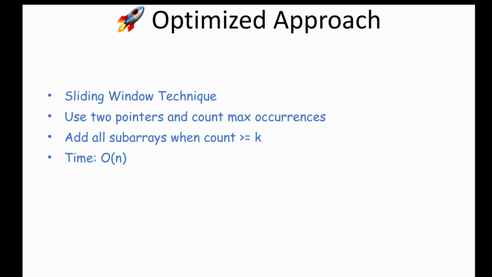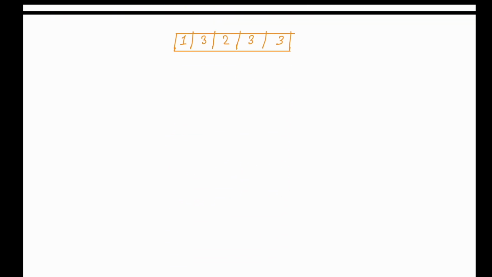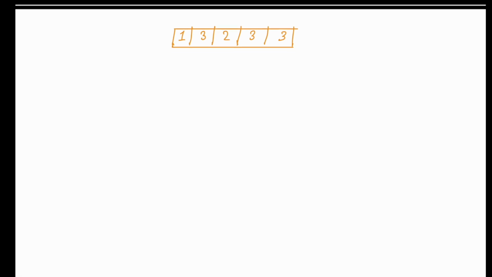So anytime we see a problem stating that you need to find subarrays satisfying the given criteria, the thing which should pop up in your mind should be the sliding window technique. So we gonna use 2 pointers and we gonna find how many subarrays are satisfying the given condition. Let's try to do the rundown of this method and you'll get the clarity.